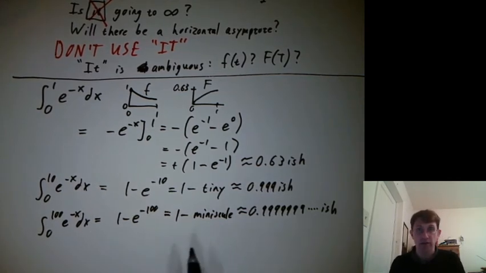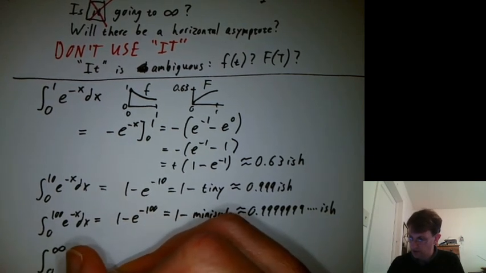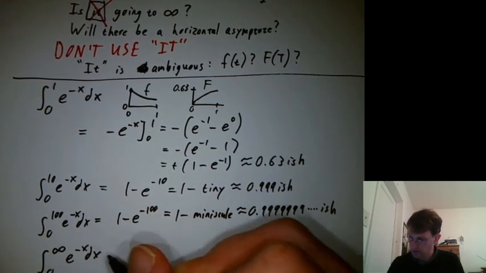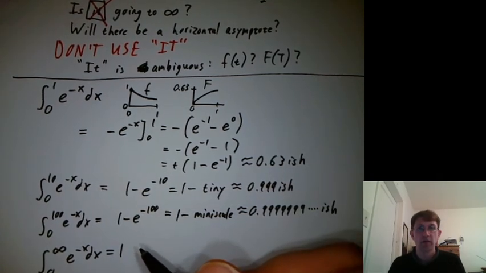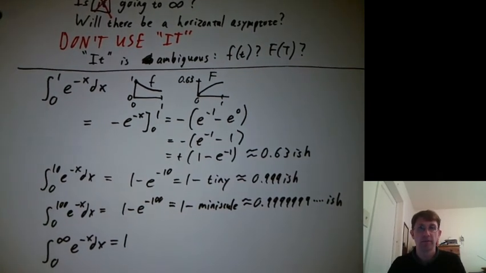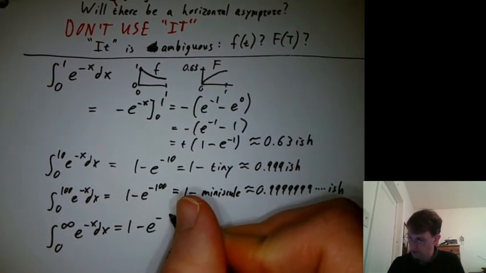So here's the big question. What would you say is the integral 0 to infinity of e to the negative x dx? Well, based on this pattern, what would you write that as? You would write it as 1 minus e to the minus infinity.